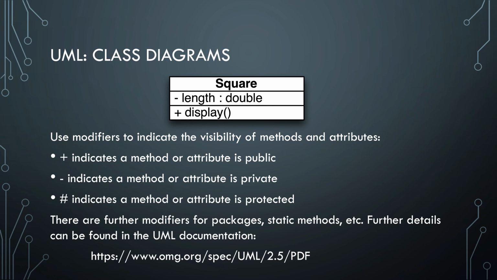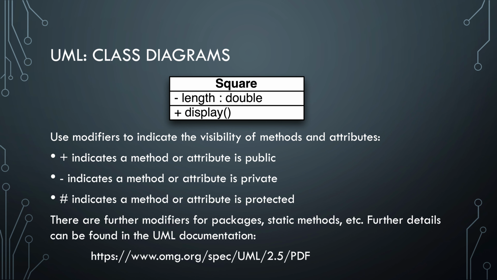You can use modifiers to indicate the visibility or accessibility of methods and attributes. A plus means the attribute is public, a minus means it's private, and a hash means that it's protected. Python doesn't have access modifiers, but that doesn't mean you shouldn't include them in your design.